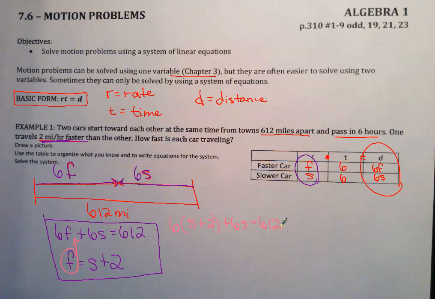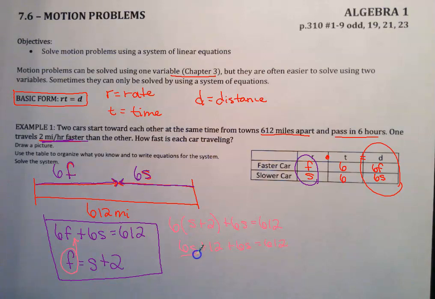All right, Chase, what do I do next? You want to distribute, so it'd be 6S, there's no negative, plus 12, plus 6S equals 612. Awesome, great. Okay, Cheyenne, what would I do next? Yeah, we would combine the like terms.